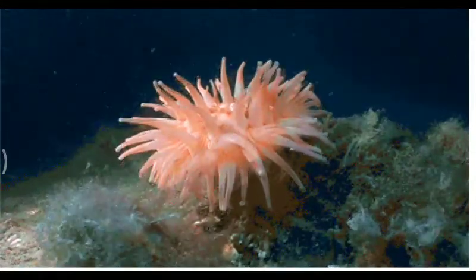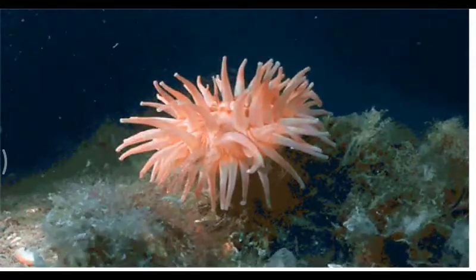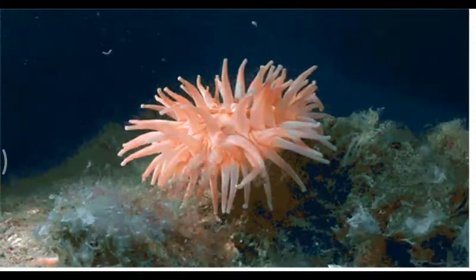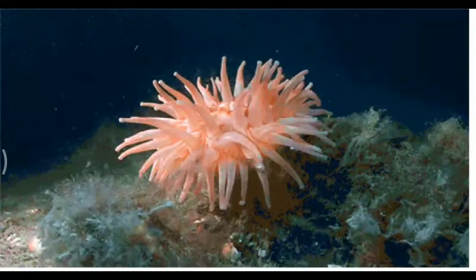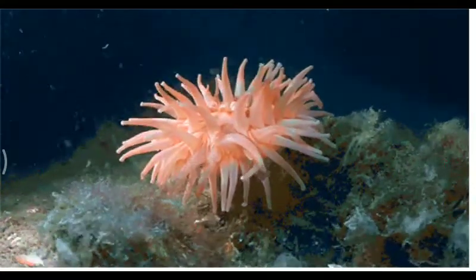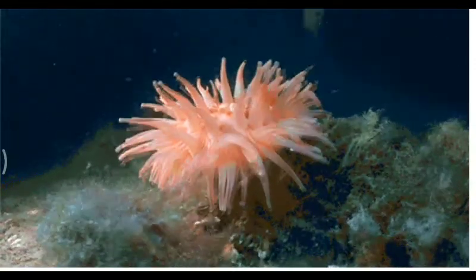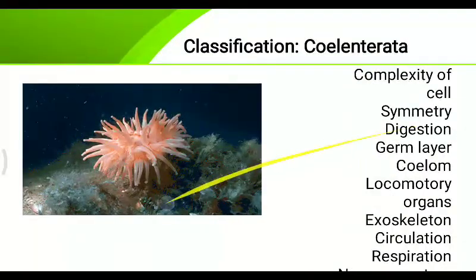What is the characteristic of this? Coelenterates are cylindrically bodied organisms. Along with this, one more feature you see is that it has tentacles. These tentacles possess a typical kind of cells called cnidoblasts, and that is why this phylum is also called Cnidaria.